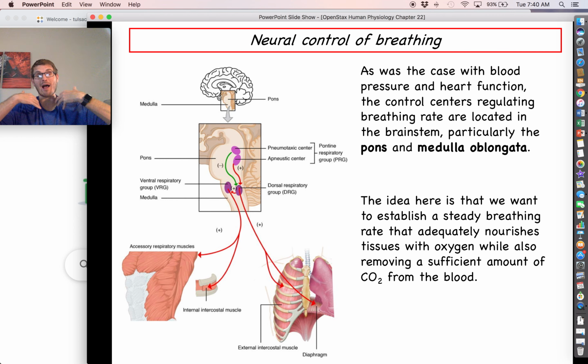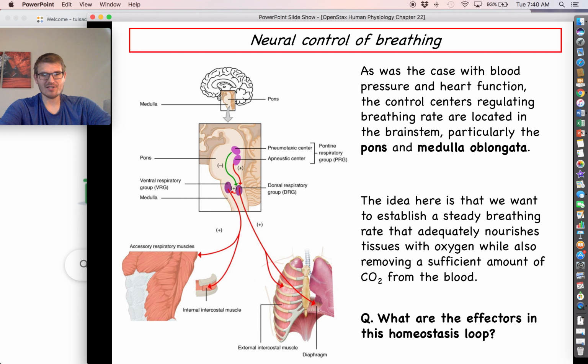We breathe in, we get oxygen into the blood so that we can nourish all of those tissues that are trying to make ATP through cellular respiration. The other thing we are trying to accomplish is we do not want carbon dioxide levels to get too high. Carbon dioxide is that byproduct that is created as a consequence of cellular respiration. We need to get some of that out of the blood as well.